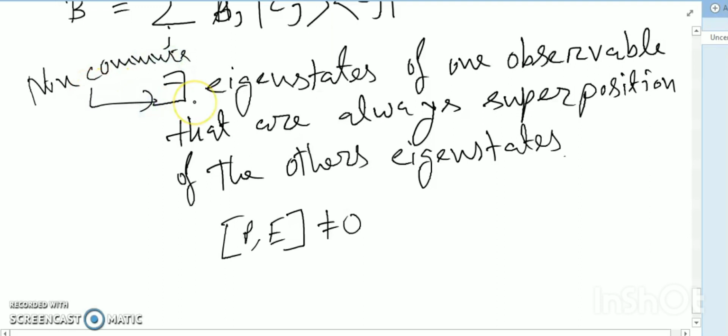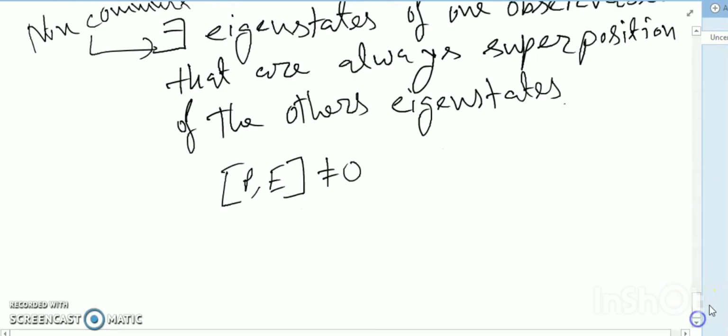Non-commute means eigenstates of one observable are always a superposition of the other's eigenstates. Similarly, if we measure P and E and collapse into a momentum eigenstate, you can still be in an energy superposition.